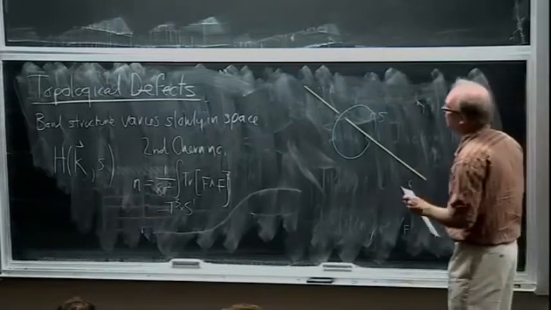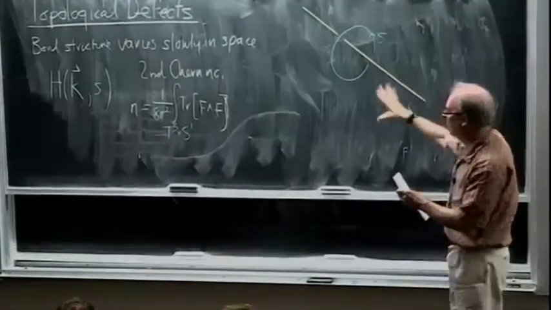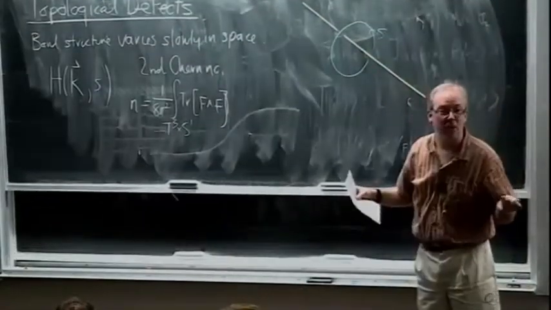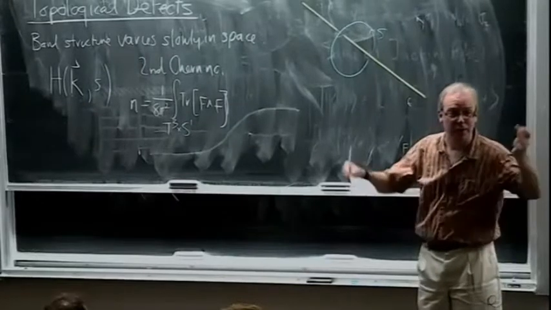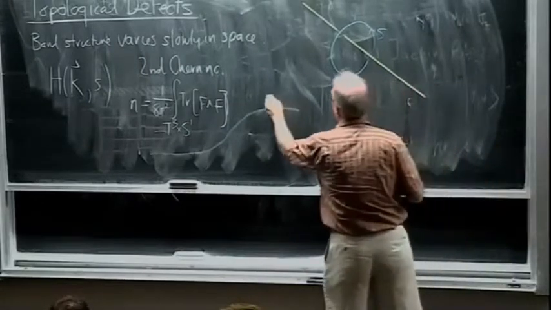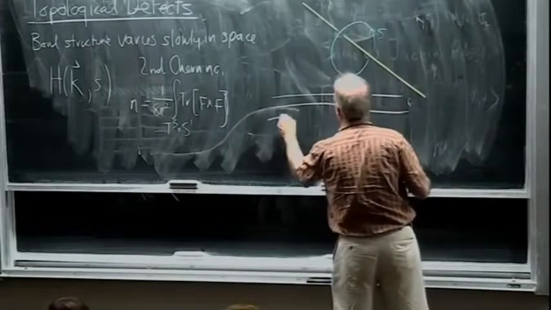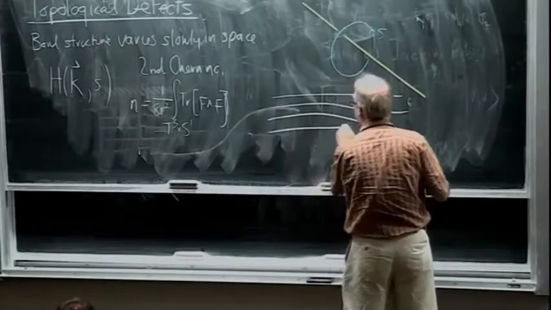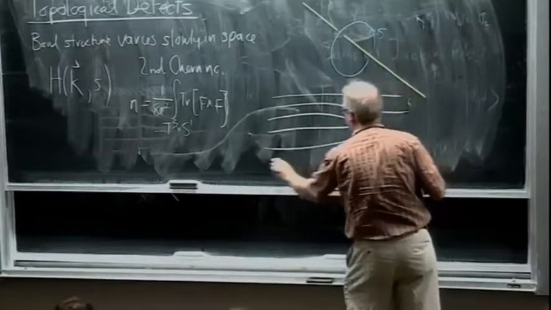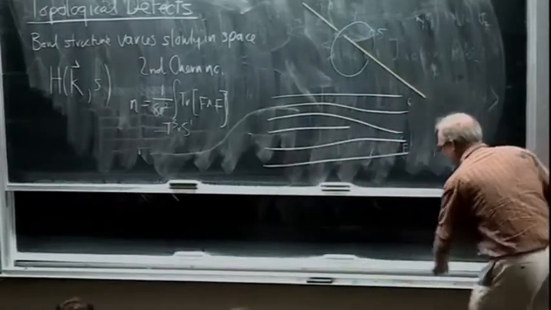Okay? Just as a simple, trivial example of this, let's think about layered quantum Hall states. I have a three-dimensional system which is a bunch of layered quantum Hall states. I can imagine the following situation where I have a dislocation in my layers.